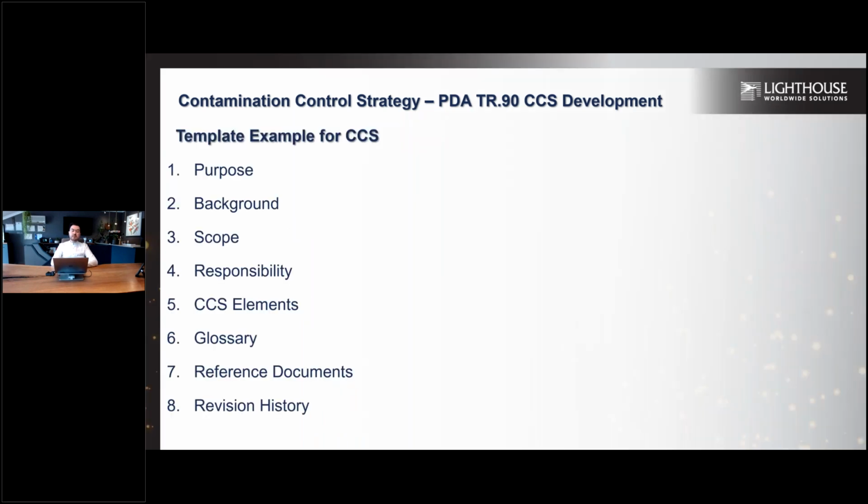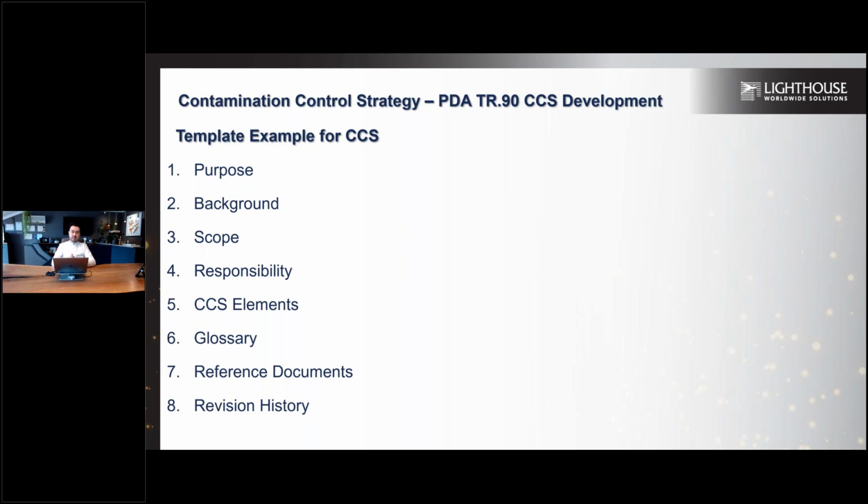Let's move into the example template of the contamination control strategy. There are 8 important steps which you can easily follow. You can add more to this depending on your SOPs and depending on your application. But in general, these 8 easy steps will allow you to build your own contamination control strategy.